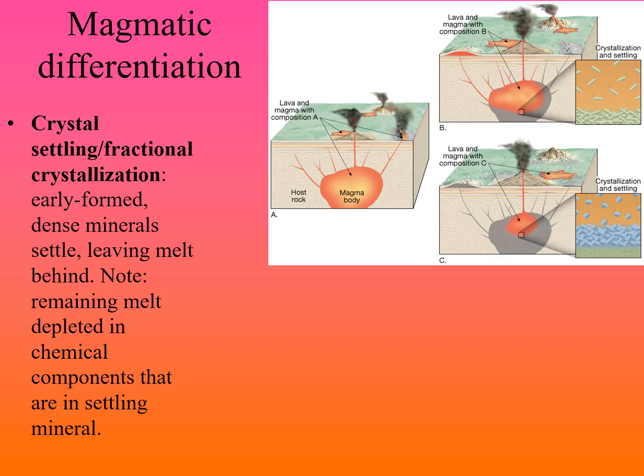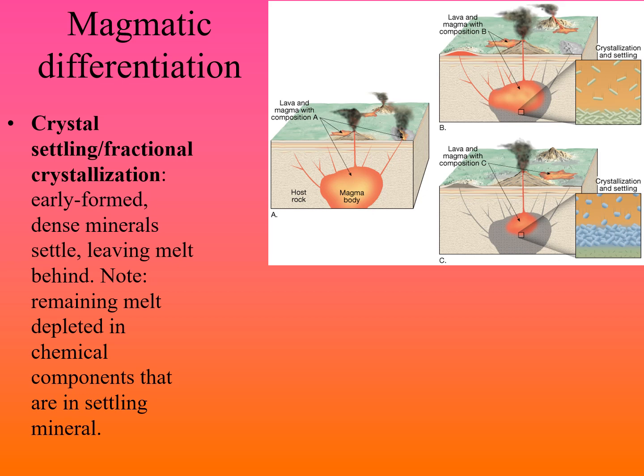Another way that we get magmatic differentiation is through crystal settling, or what we call fractional crystallization. What this means is the minerals that form early are the ones that form at higher temperatures. They have a higher melting point, so therefore they have a higher crystallization temperature.